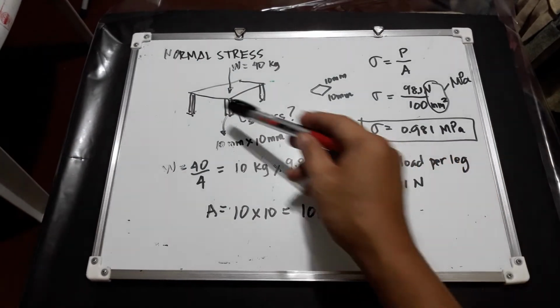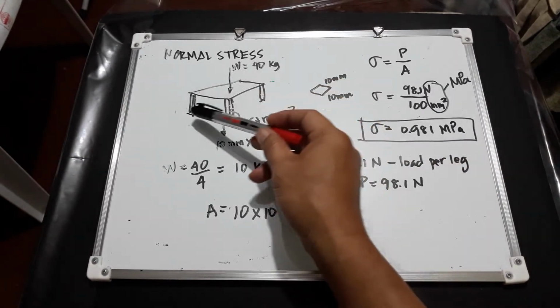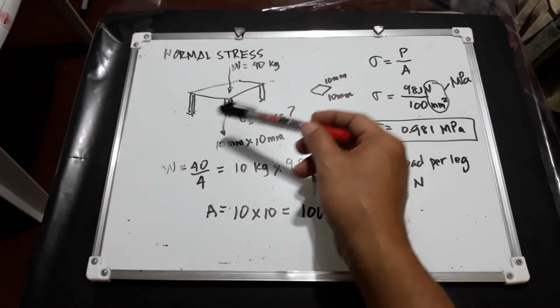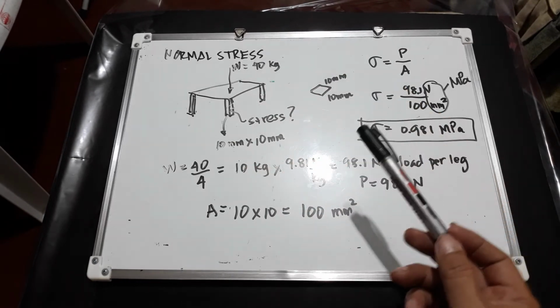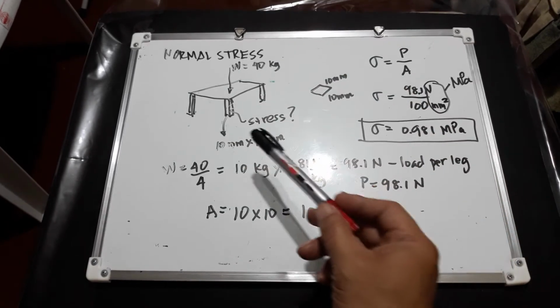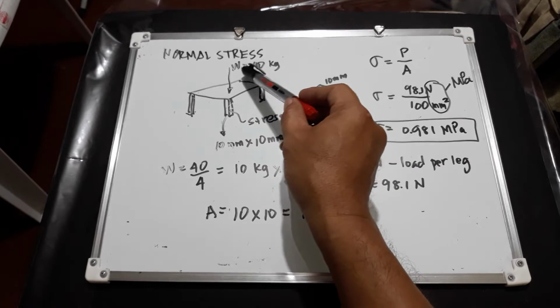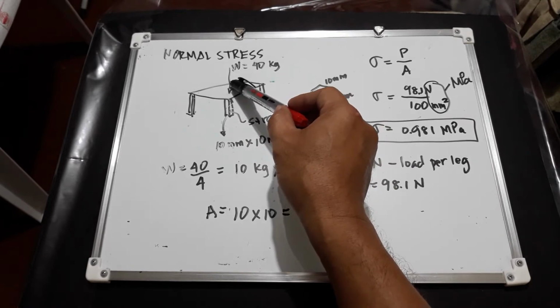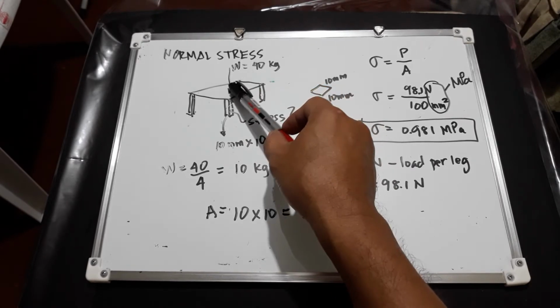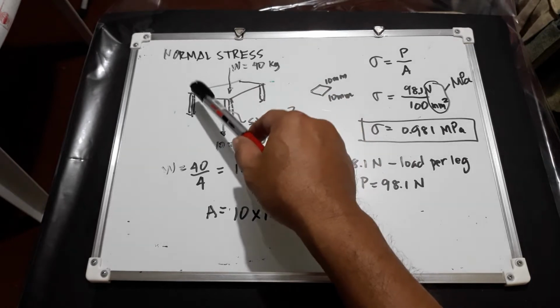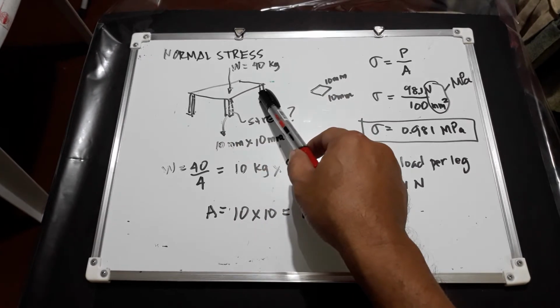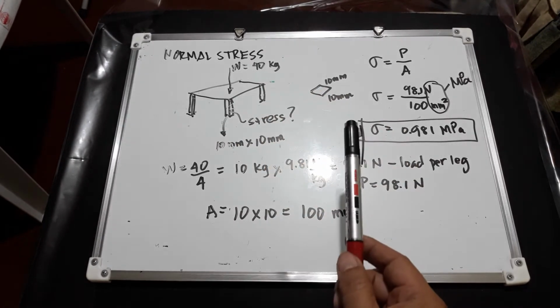Suppose here I have a table having 4 legs, and these 4 legs have the same sizes, and the load here is at the center of the table such that the load will be equally distributed among the 4 legs.